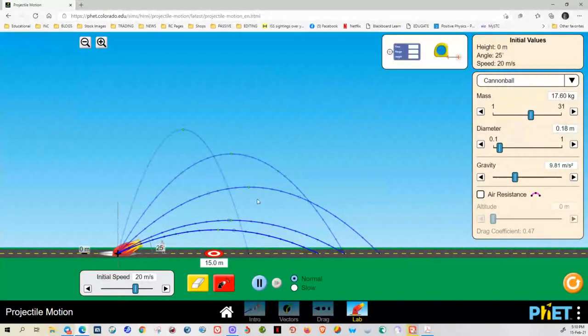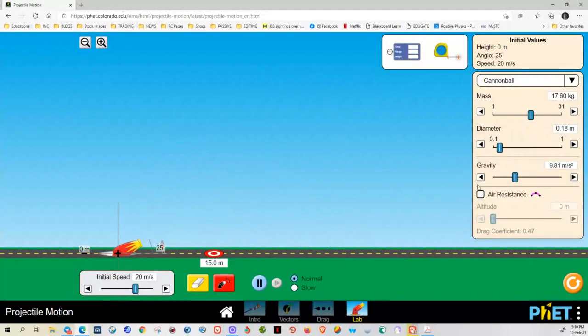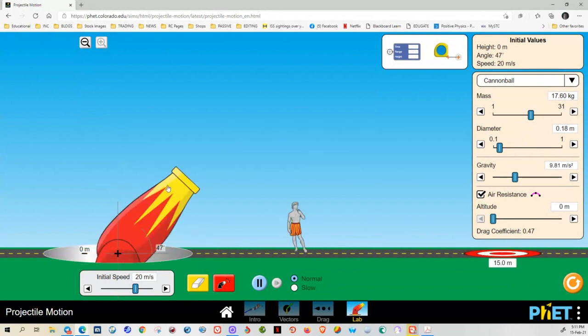Okay, if you have no questions, I want to show you what's the effect of air resistance here, okay? Let me show you the effect of air resistance at 45 degrees. When you fire a projectile at 45 degrees, what's gonna happen? Oh, come on, cannon, it's hard to set it. There you go.